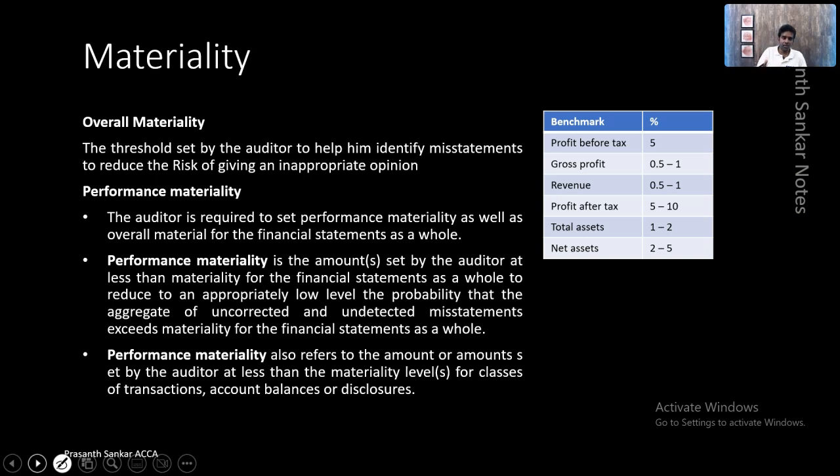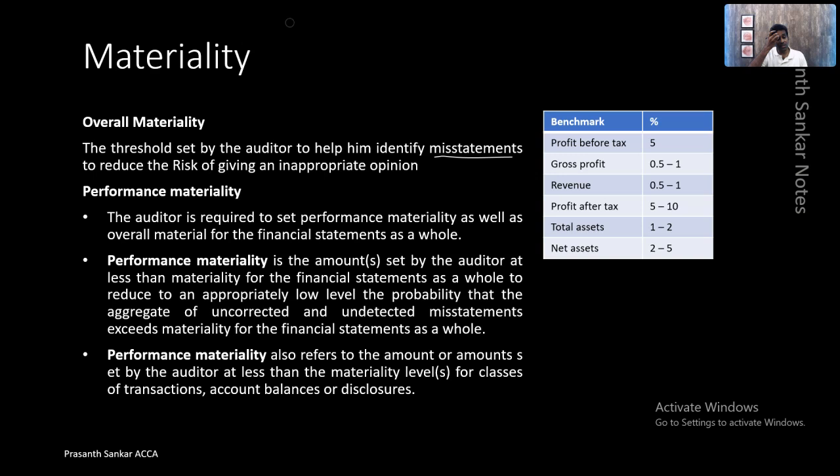What is misstatement? Errors incurred by the company. They could be deliberate in nature, which leads to fraud, or non-deliberate, which leads to a genuine mistake.